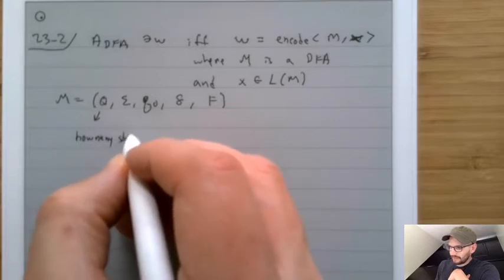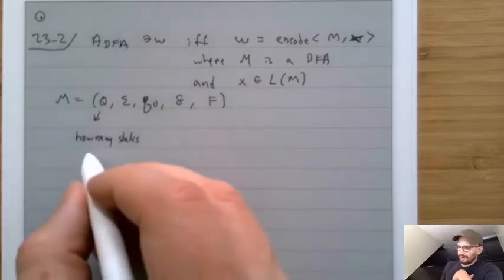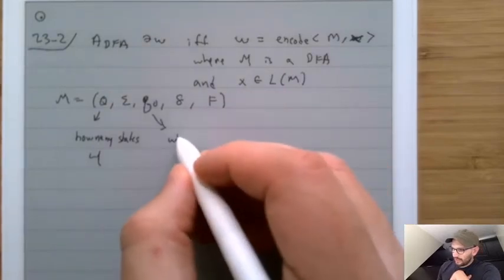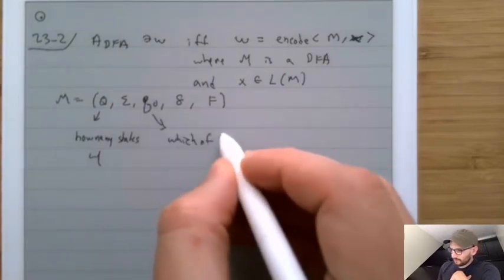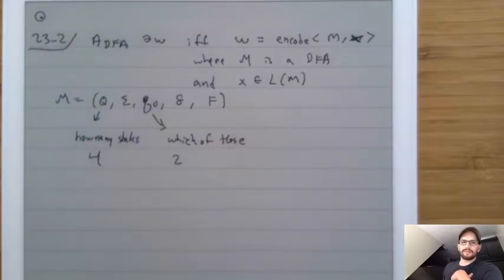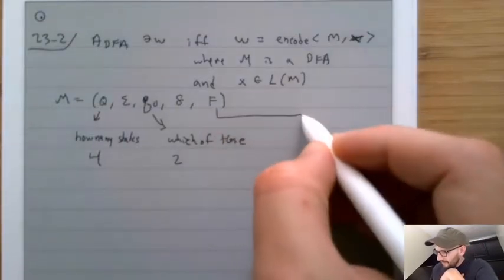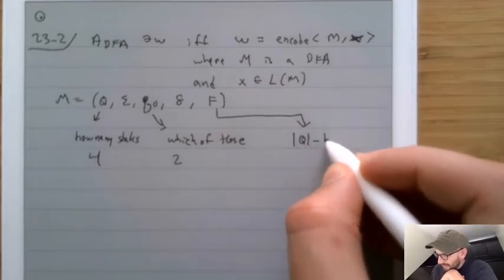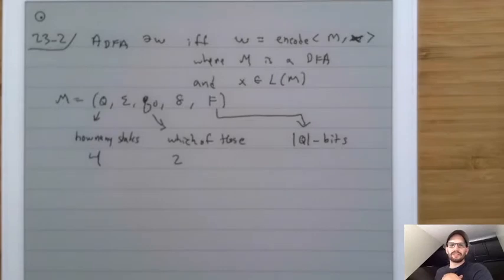So let's suppose that there are 4 states. Well, Q0 is just which of those? So maybe we'll say that it's state 2 is the start state. Okay, and what's F? Well, F is the length of Q bits. It basically says, here are the ones that are inside of it.